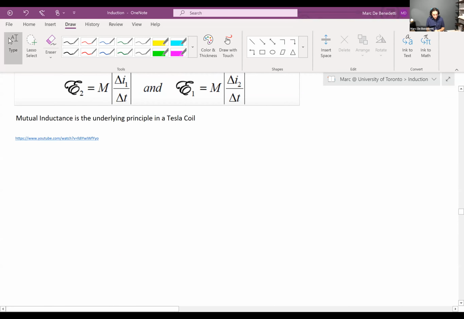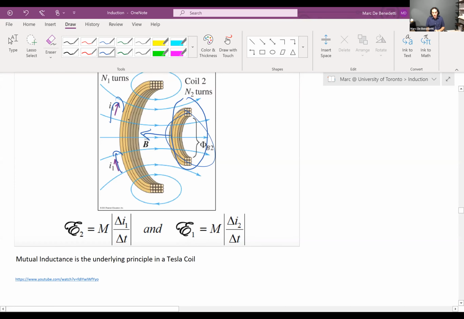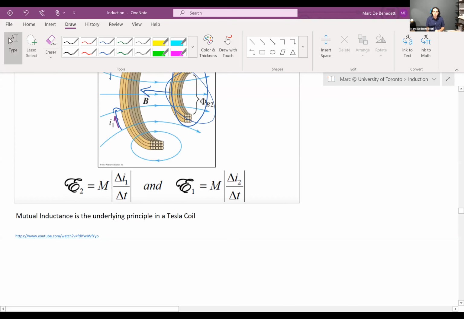I have a video for you that, by the way, Tesla coil, it does use mutual induction. It is a transformer. It is an example of a step-up transformer, but it doesn't use an iron core. Now, because a Tesla coil does nest these two together, the transmission is nearly perfect.